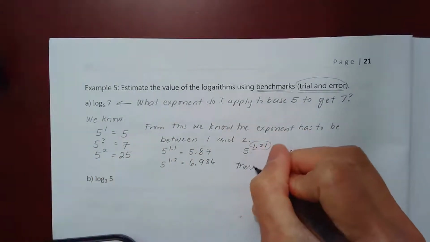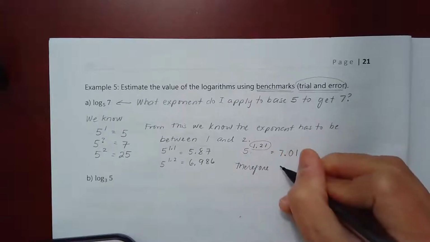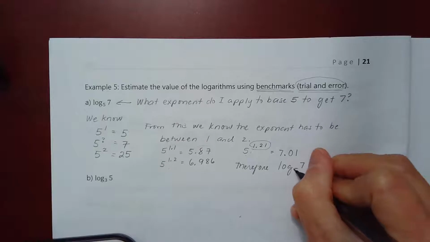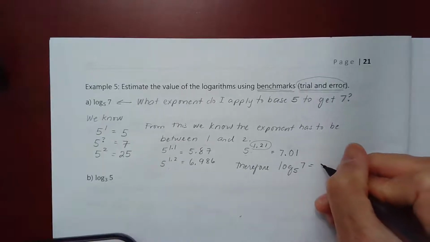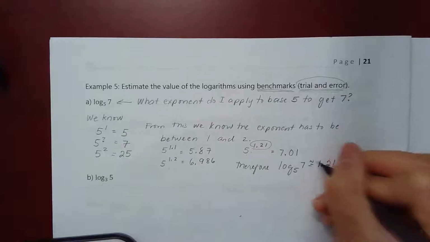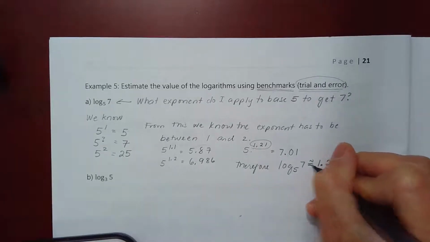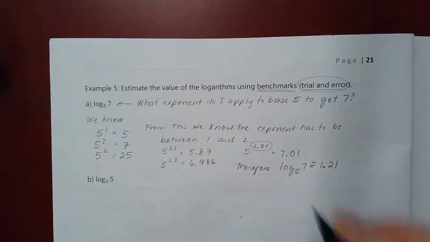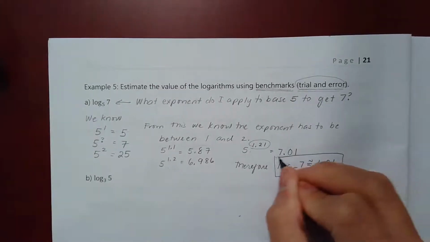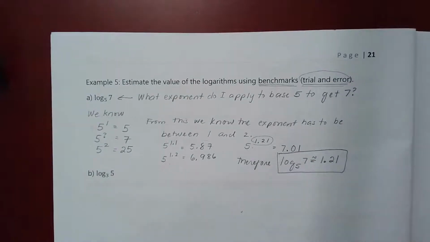Therefore log of 7 base 5 has to be approximately 1.21. So I'll just put an approximate sign there. Okay, that's just trial and error.